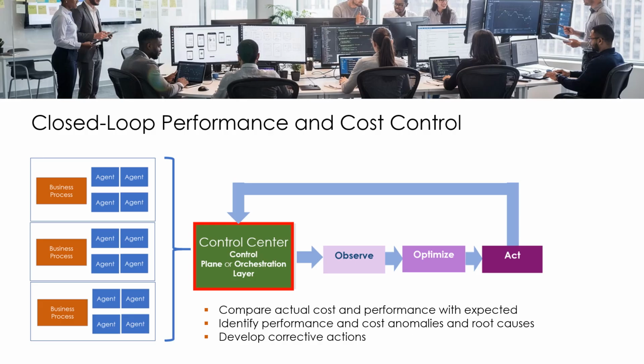It includes comparing actual results with predicted, detecting the most frequent and severe anomalies and their root cause explanation, and organizing and developing corrective recommendations. All of this is a foundation of continuous governance, not just periodic reporting.